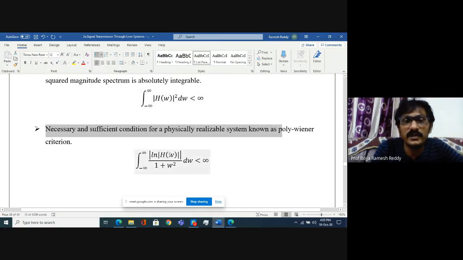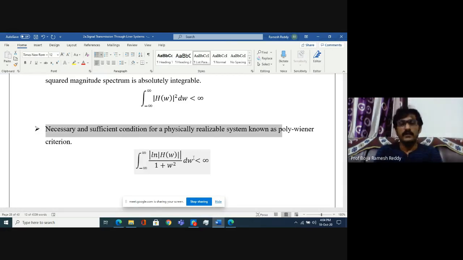Similarly, take the magnitude spectrum, take the logarithm of the magnitude, which is a positive value, divide by 1 plus omega squared and integrate it. It is also finite, not infinity. Sometimes it is possible to get an infinite result because it is a mathematical thing. If it is infinity, then the given system is not physically realizable. These are the various restrictions that come under physically realizable systems.